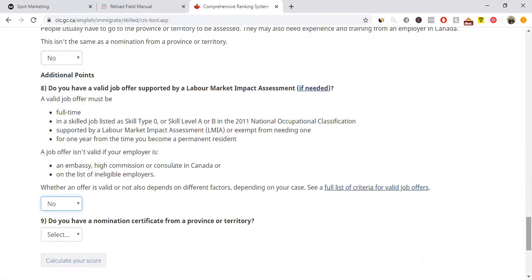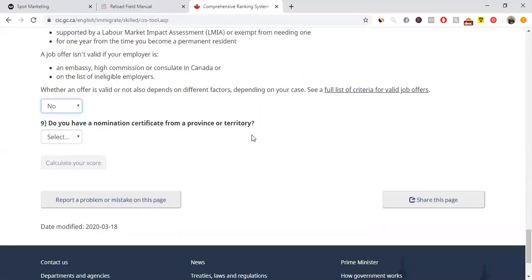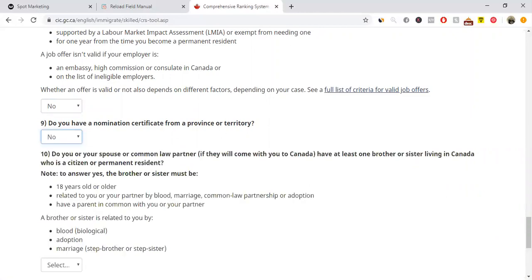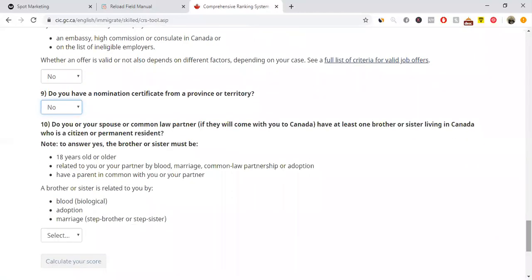Do you have a nomination certificate from a province or territory? No. Now, for this one, if you want to pick yes, it means that probably you have somebody in a province like Manitoba that is ready to help you through the process.